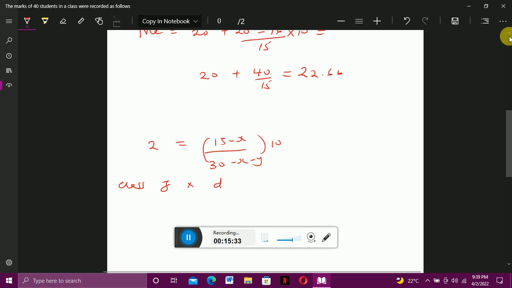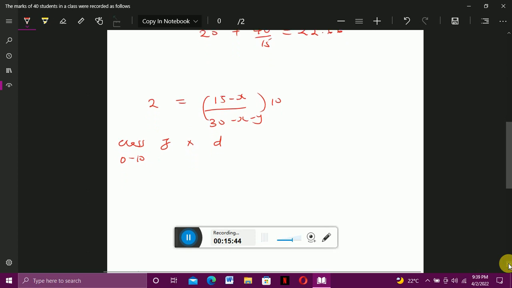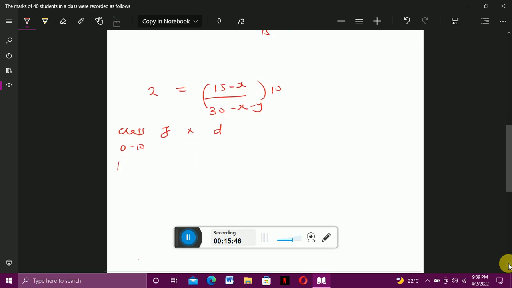So if we go back to our table, it is 0 to 10, 10 to 20, 20 to 30, 30 to 40, and 40 to 50.